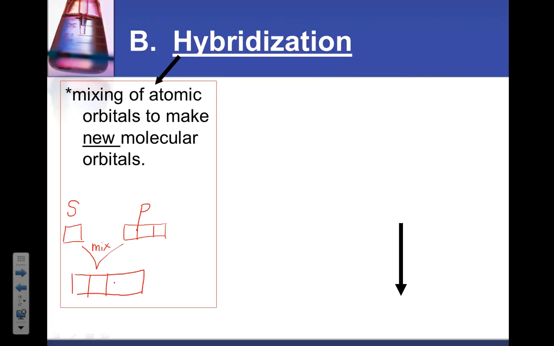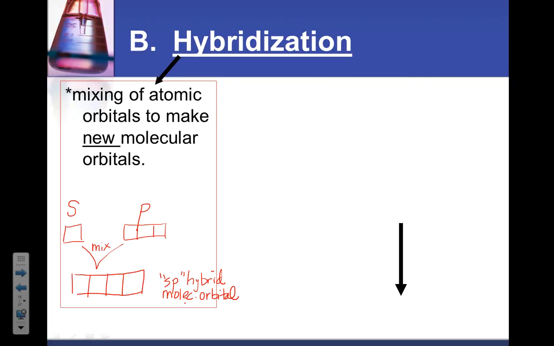So this is going to represent the sp hybrid orbitals. One of the boxes comes from the s orbital, and the other 3 boxes or subshells come from the p orientations. When you have a blending or mixing of atomic orbitals to make new molecular orbitals, this is called our sp hybrid molecular orbital.